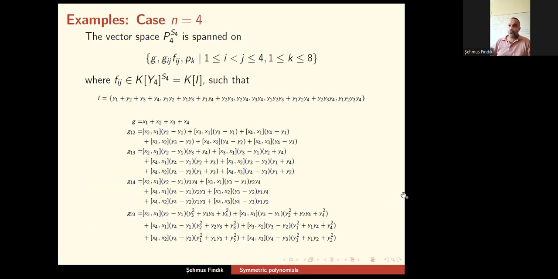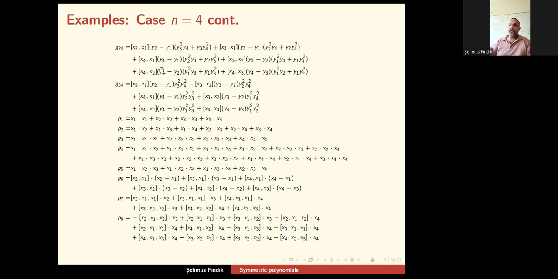So for 4, again, we have 6 generators of Lie type. Again, of course, these are the same generators coming from the Lie case, and the Poisson type elements are here. So these are the basis elements, of course, but these are the generators.